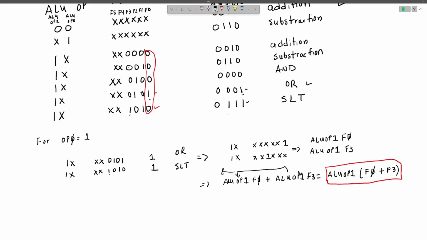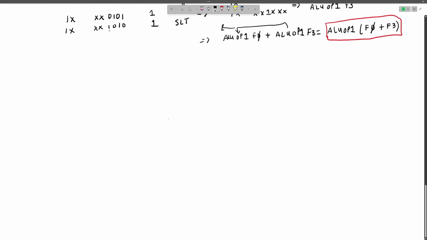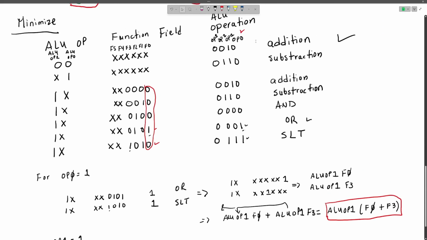And we can do the same thing for the other ones. For OP1 when it's 1, this one is a little bit tricky because for OP1 we have multiple ones. So we have to see them all separately.